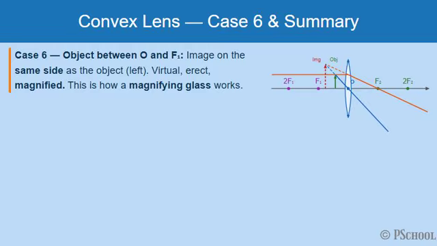Ray 2 passes through O straight through. Extending both refracted rays backward, they meet on the left side of the lens, beyond the object. The image is virtual, erect, and magnified. This is how a magnifying glass works.